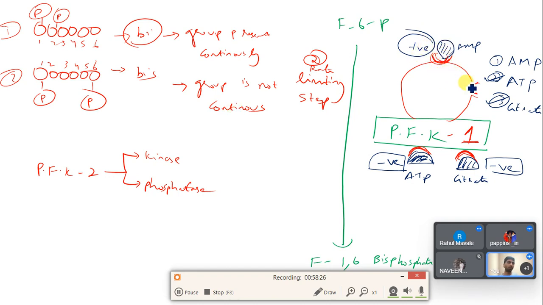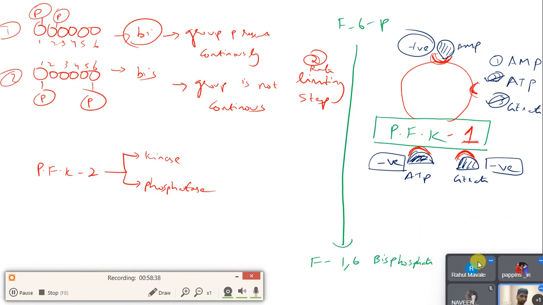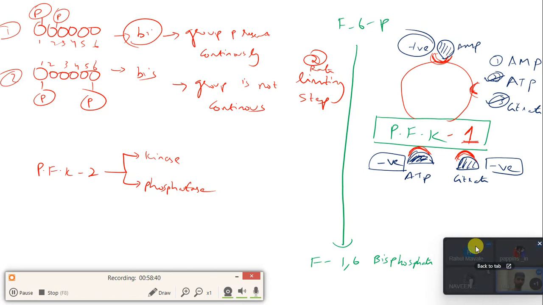Okay, now we have one more pocket left. Forgetting something, I guess. Fructose 6.